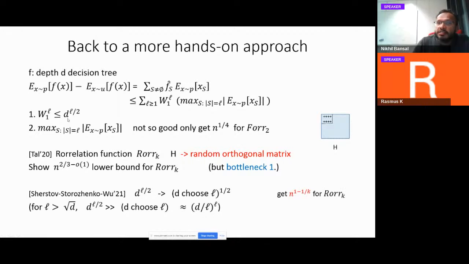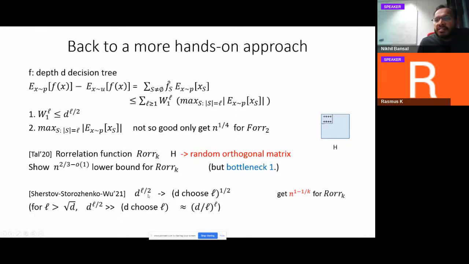There was a recent result, in this upcoming talk, where Cherstov et al. improve the bound on the Fourier level weight from d to the L over 2 to a more refined bound of the square root of d choose L. Even though they look similar, d choose L is morally like d to the L, so this looks like d to the L over 2.